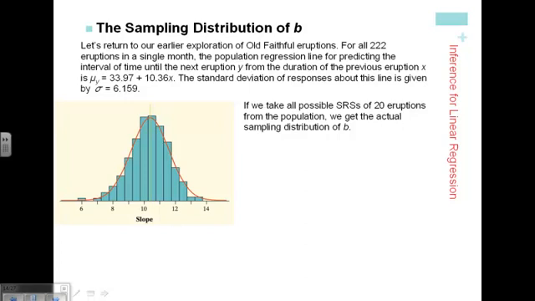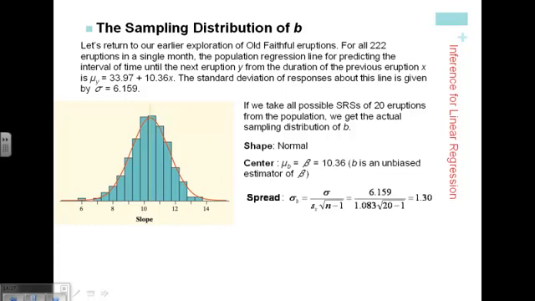Item number three, is that it's got a standard deviation that's somewhat predictable. Shape normal. Center 10.36, which is about the same as the slope for the 222 data points. And then it's got a spread.